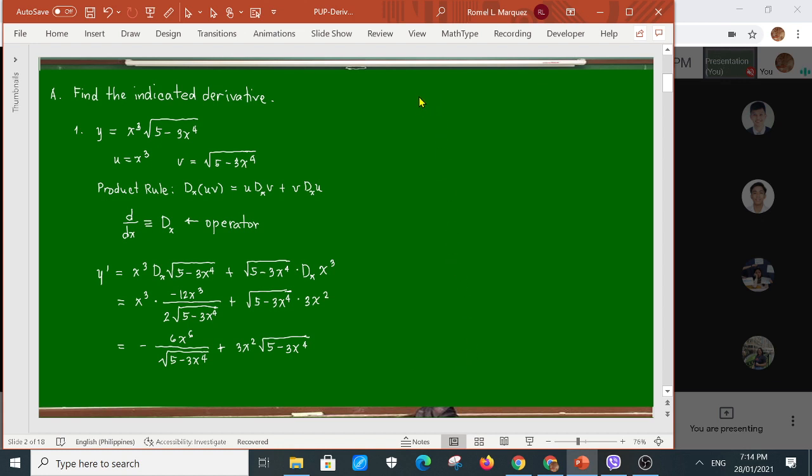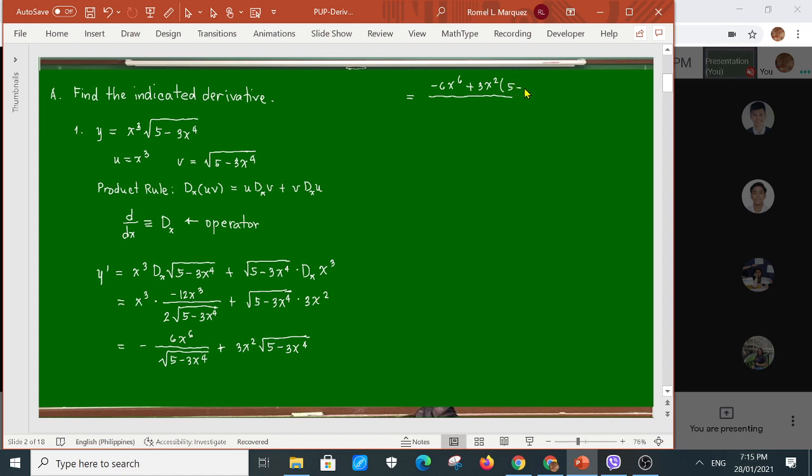So, let's get the LCD. The LCD is this radical. So, getting negative 6x to the 6, then plus the square root divided by 1 times this square root. So, no more radical: 3x squared times the radicand.